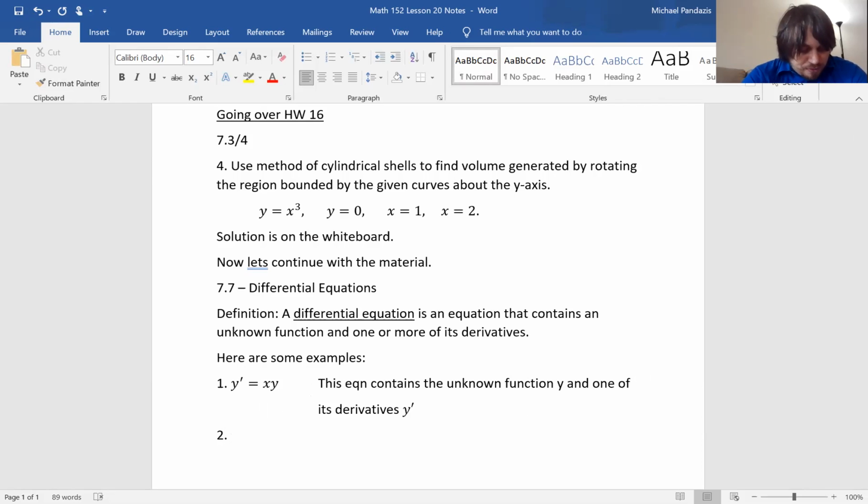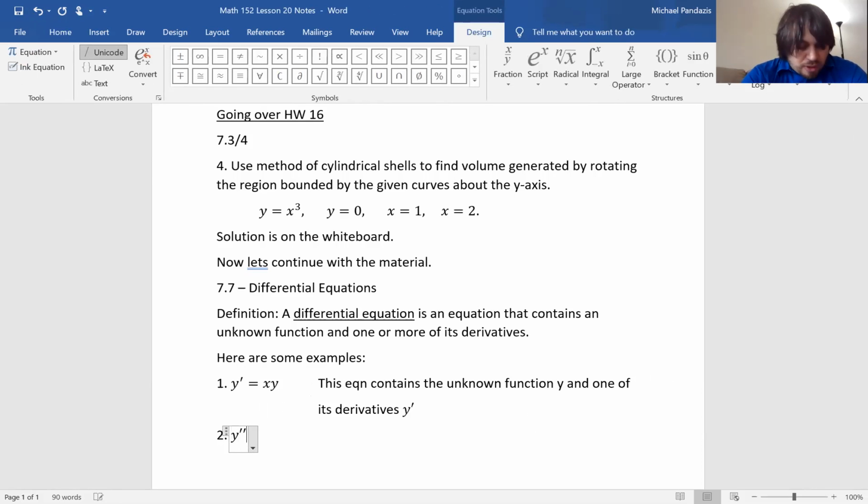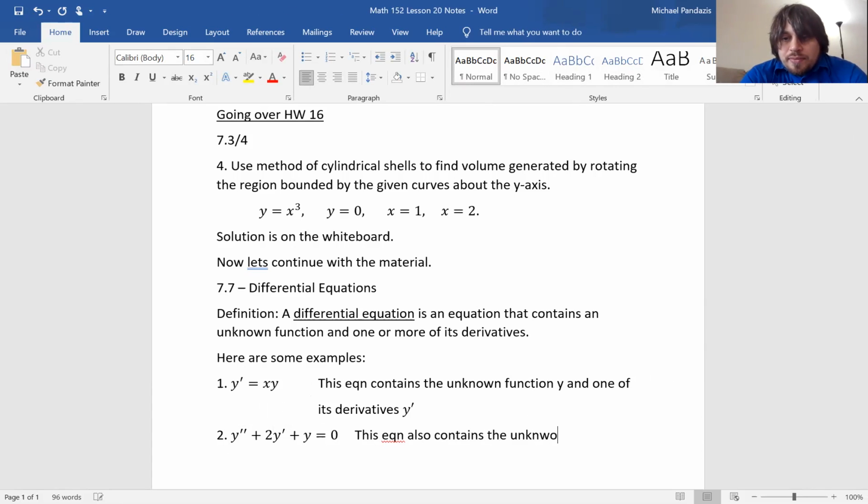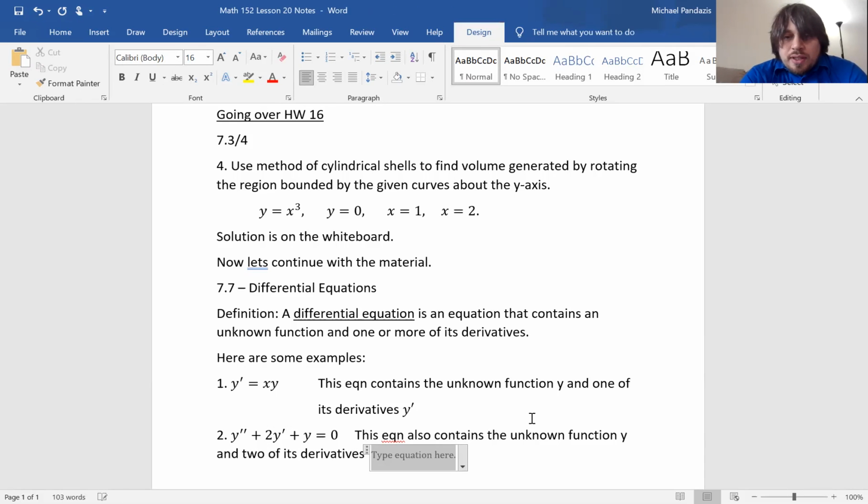The second one is y double prime plus 2y prime plus y equals 0. This equation also contains the unknown function y and two of its derivatives, y double prime and y prime.